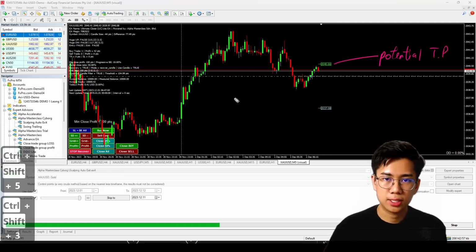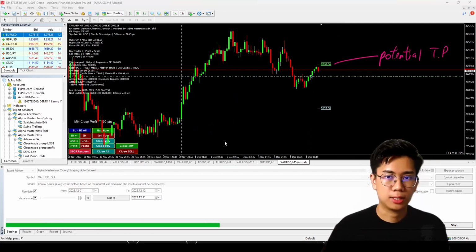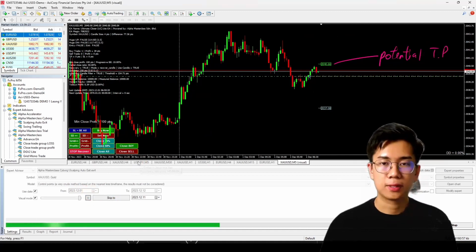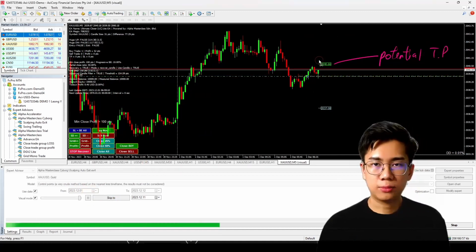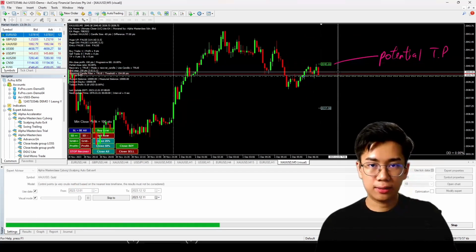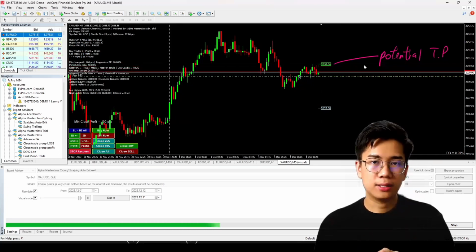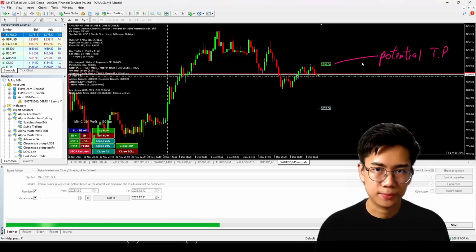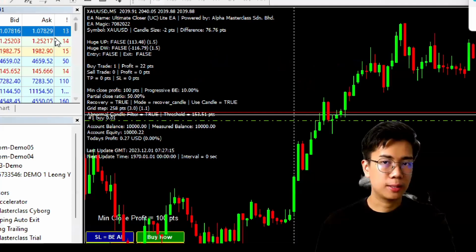Why I say potential is that it is not the normal take profit that you learned before. It uses AI algorithms to detect whether, if the price comes to this point, there will be a reversal or not. Even if it crosses beyond, like right now, it crossed already, but it doesn't do anything. It will still wait for further confirmations. Where do you see the confirmations? Over here.